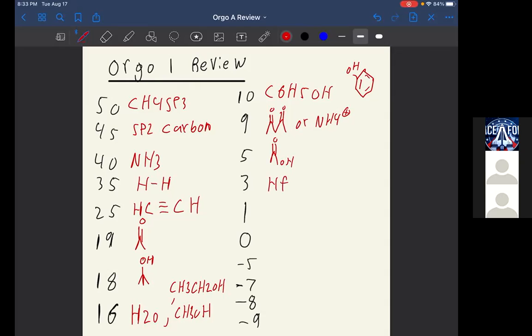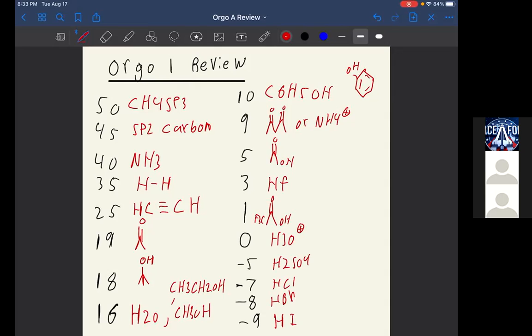Then for 1, F's supposed to be capitalized, my bad. Then for 0, H3O positive, -5, you have H2SO4, -7, you're going to have HCl, HBr, and then your strongest acid is going to be HI, and that's your most stable.